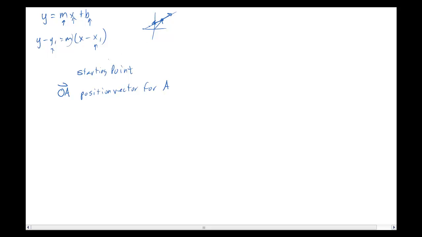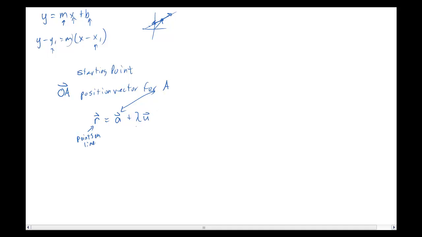Now the way that this is written in a general format is we write that r, representing the points on the line, is equal to a, which is our starting point, the position vector for A, plus lambda u.